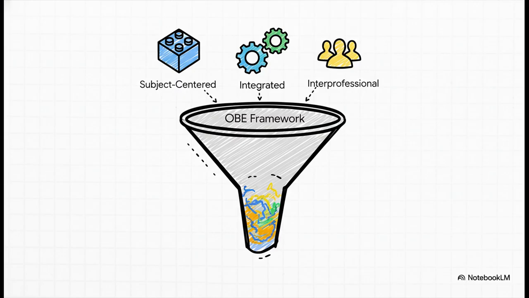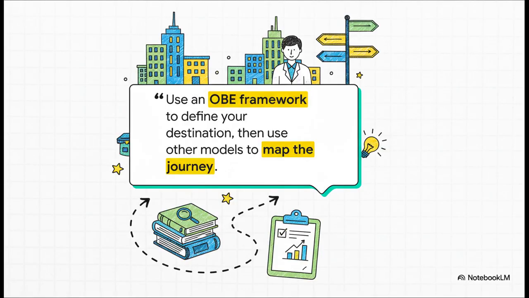And for that, OBE is perfect. And that right there, that's really the big takeaway. You use OBE as your North Star, your final destination, the practice-ready therapist. And then you use these powerful tools like integrated case studies and competency-based skill checks to build the actual path that gets your students there.